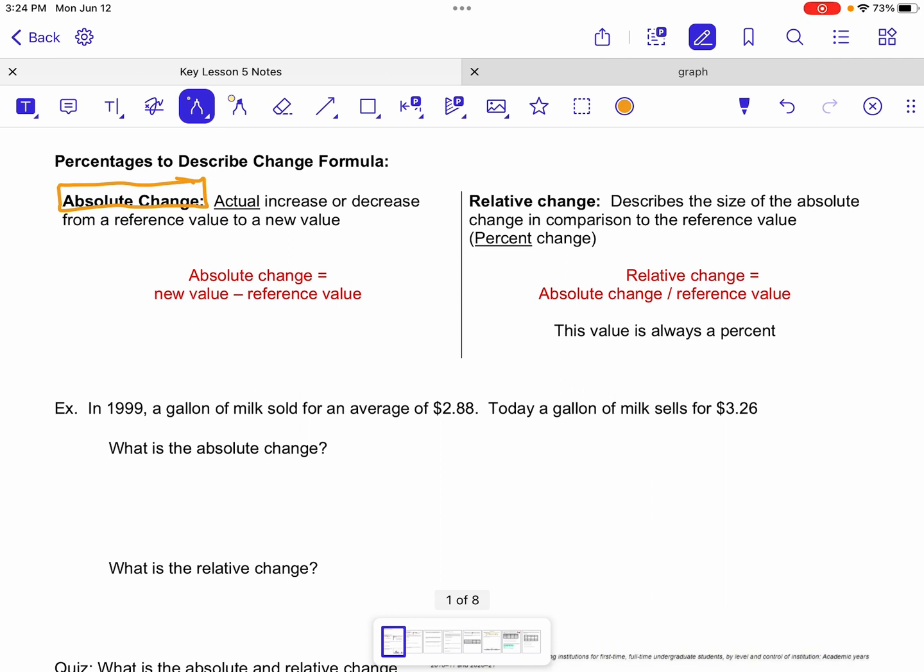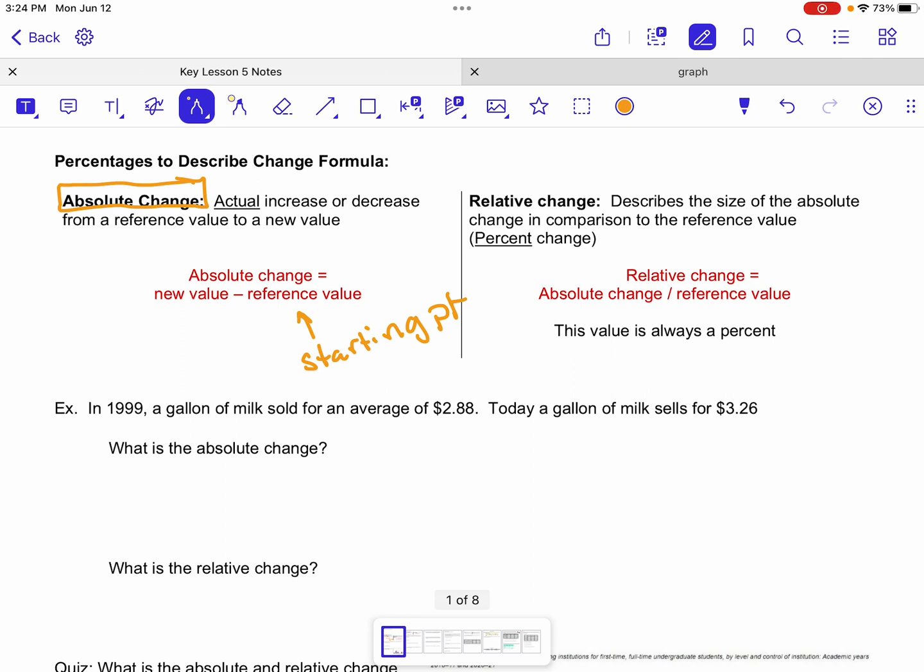When we talk about the reference value, we're looking at what our starting point is, so you might want to think of it as the starting point. Absolute change's units are whatever units we're dealing with. In the case of the tuition, it's dollars, how many dollars the tuition went up.